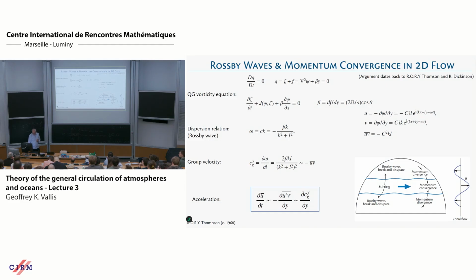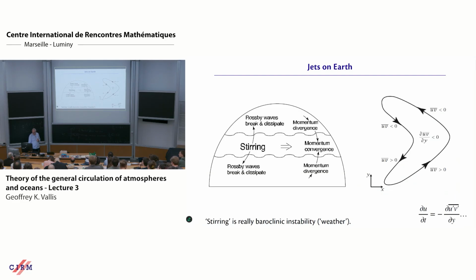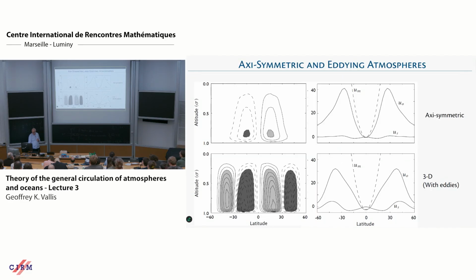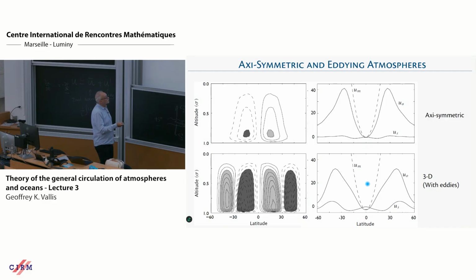Let's look at the basic state flow, either this one or this one, if you will. The instability arises because of a shear in the vertical between the upper level flow and the lower level flow.